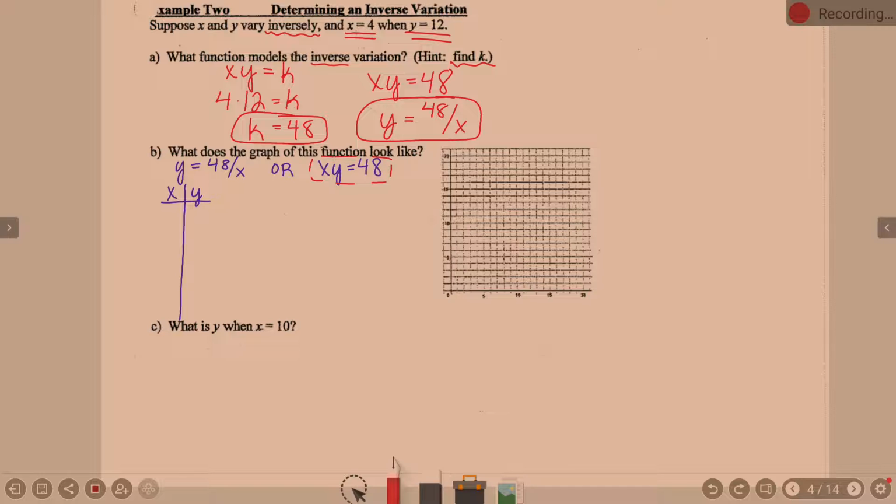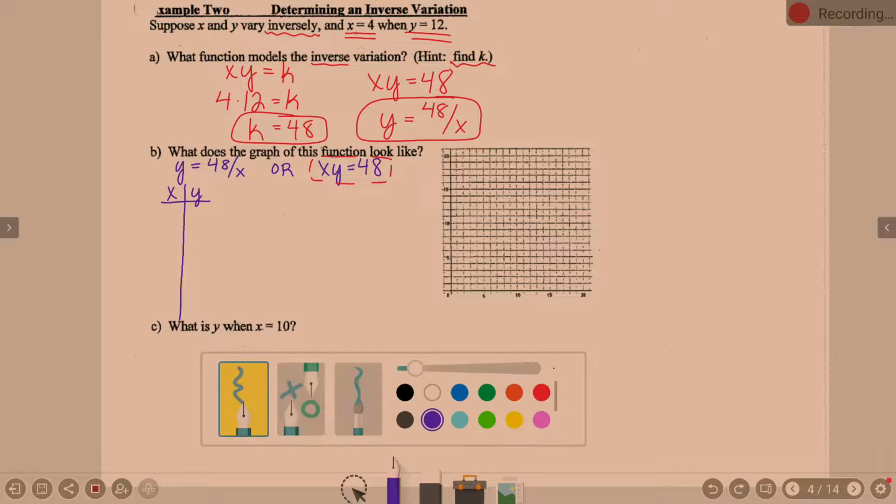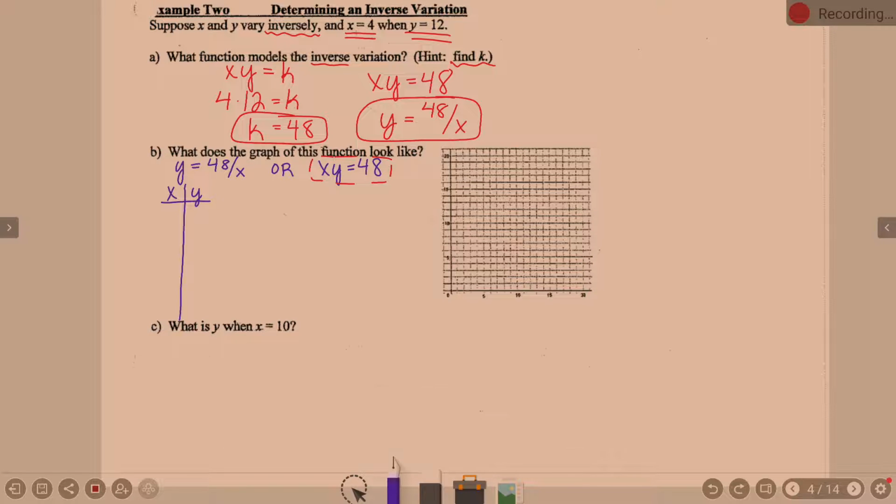XY equals 48. What relationship am I looking for there? If XY equals 48, two numbers that multiply to be 48, yes? Give me two numbers that multiply to be 48. 4 and 12. 2 and 24.